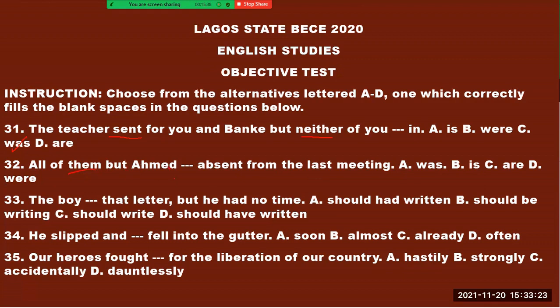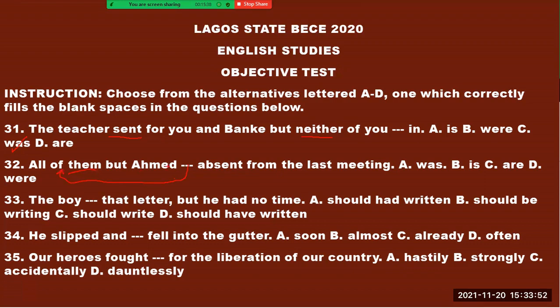This but Ahmed means that only Ahmed is not included in what is being said here. All of them were absent from the meeting except Ahmed. Ahmed was present. But then who are you really talking about? All of them. So that determines the choice of the verb. The verb must agree with all of them. The verb is not to agree with Ahmed.